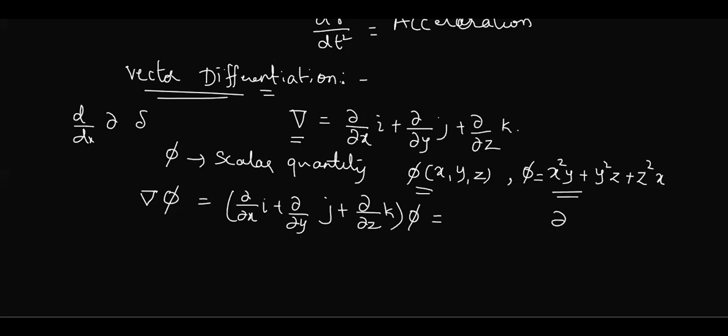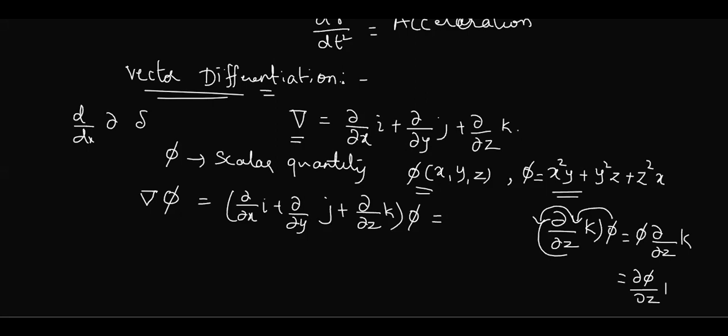I have dou by dou z, k is there, and I'm taking phi inside. Can I write it as phi dou by dou z k, or do I have to write it as dou phi by dou z k only? Is it the first form or the second form?